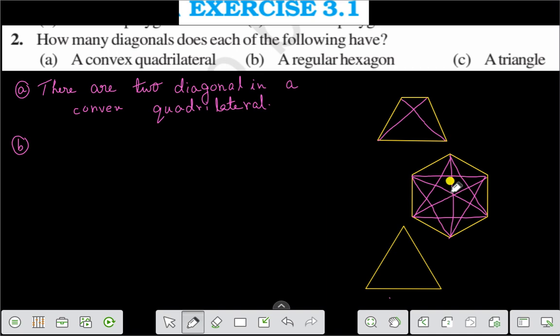There we see that there are 9 diagonals in a regular hexagon, right?